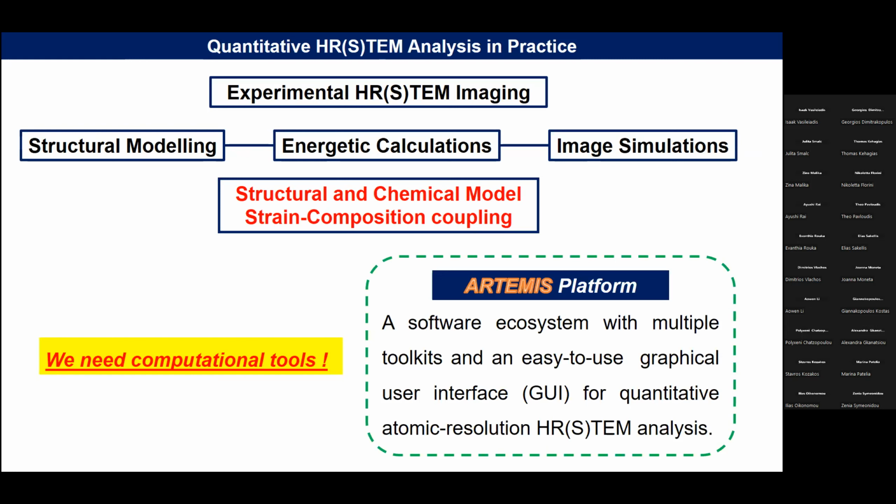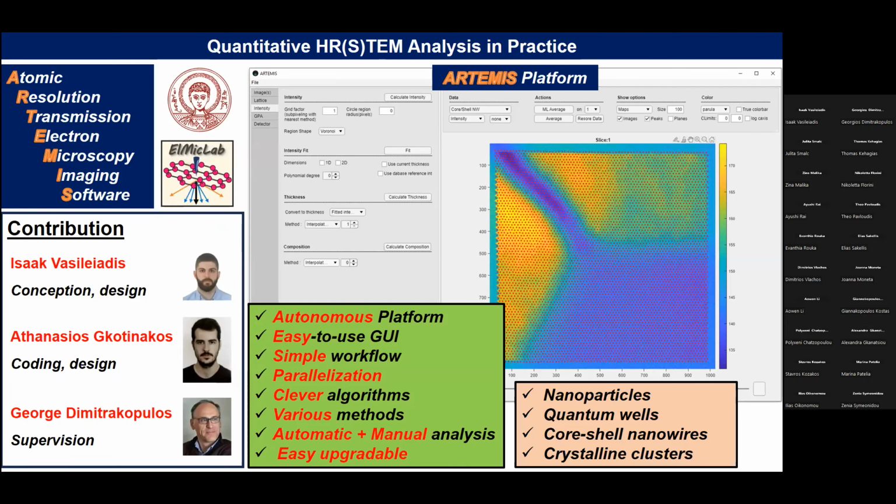In our lab, we developed the Artemis platform. It is a software ecosystem with multiple toolkits and an easy-to-use graphical user interface for quantitative, atomic resolution, high-resolution STEM analysis. This platform was developed by three people: me, Thanasis, and Professor Dimitrakopoulos.